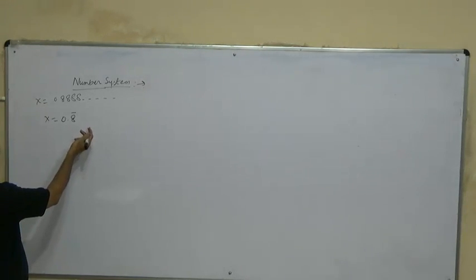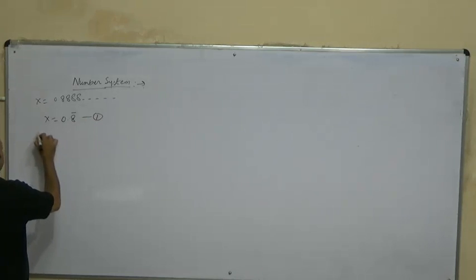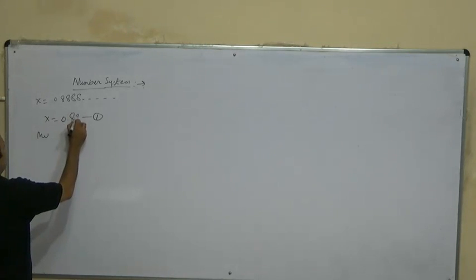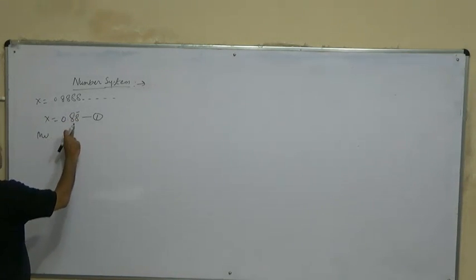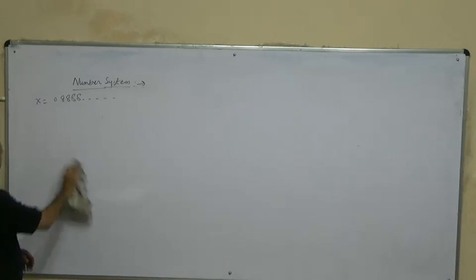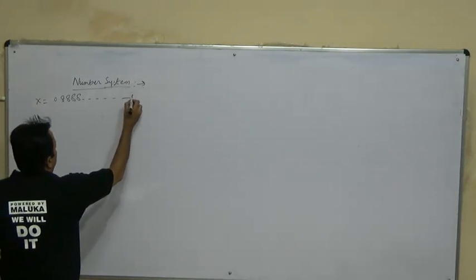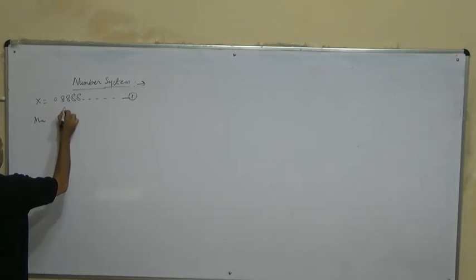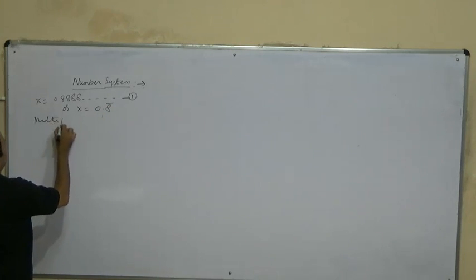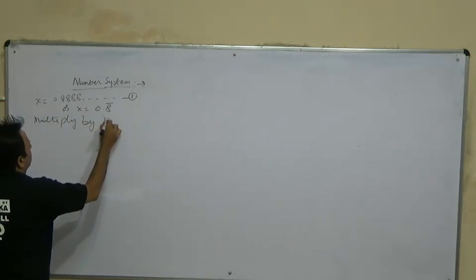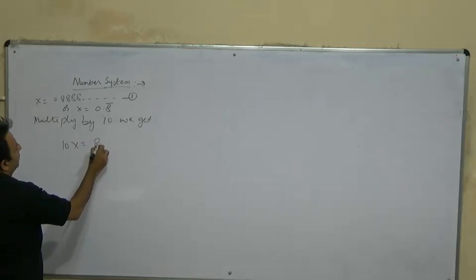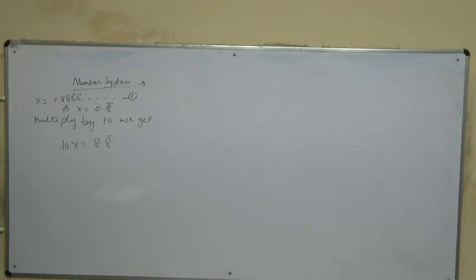So if I multiply it by 10, this is the first equation, x is equal to 0.8 bar, multiply by 10 we get 10x is equal to 8.8 bar, because this number is 0.88888.